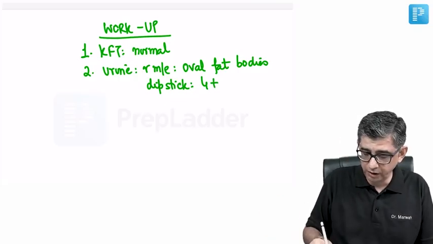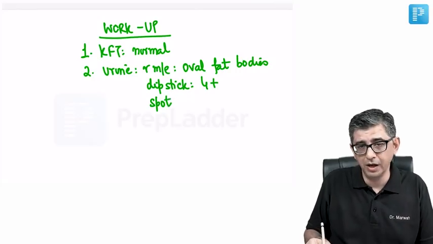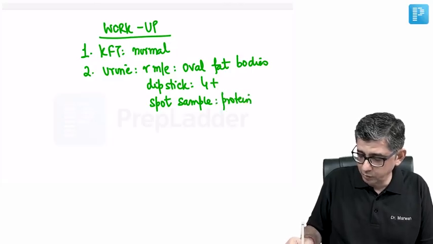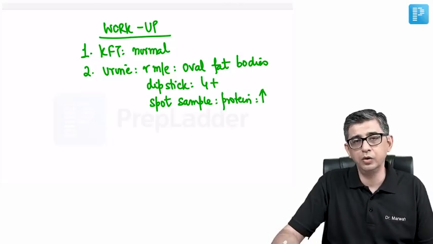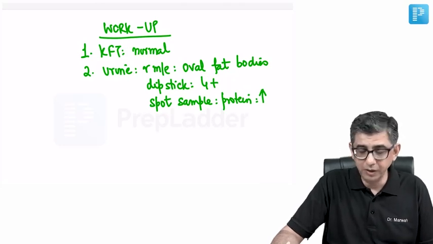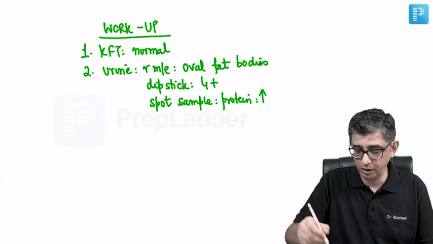And if we get a 24-hour urine evaluation done, the value would be substantially increased. Similarly, in a spot sample, when I get the protein values checked, the values will be found to be increased. The magnitude of proteinuria would be more than 3.5 grams in a 24-hour period, and in a spot sample, more than 2 grams. Mainly the protein present here will be low molecular weight protein.